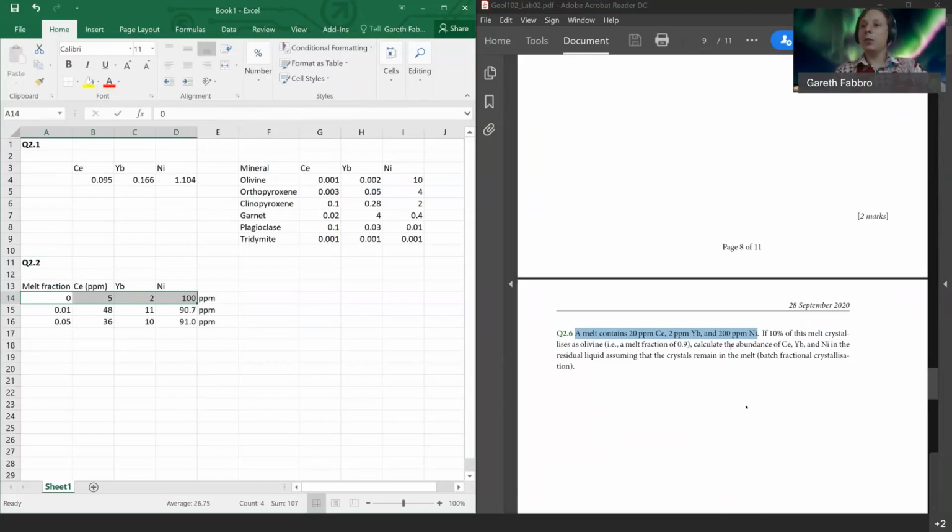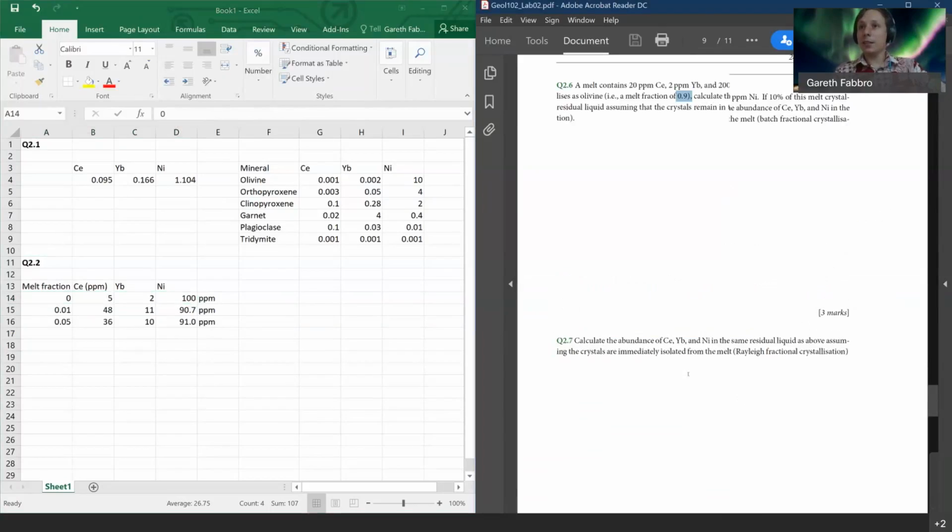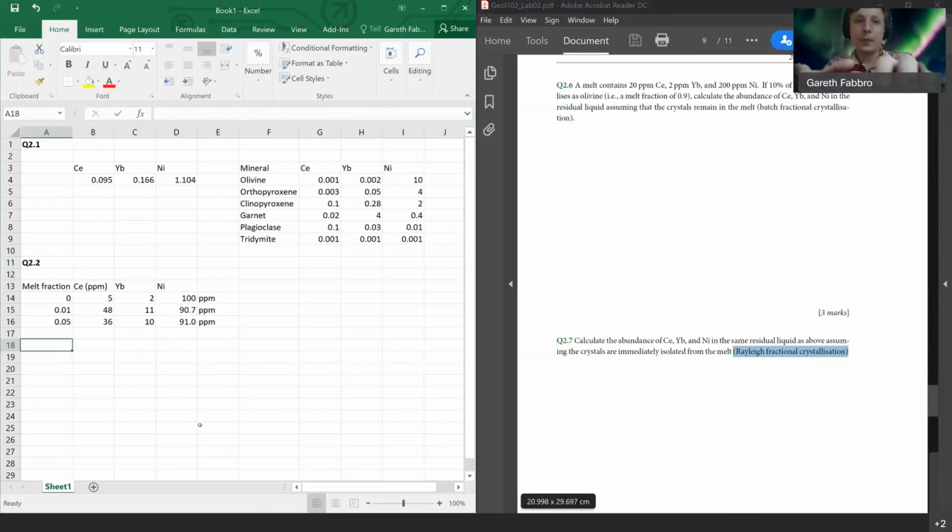So now do the same thing, but you want to calculate it using Rayleigh fractional crystallization. So here, I'll just show you quickly what we would do.